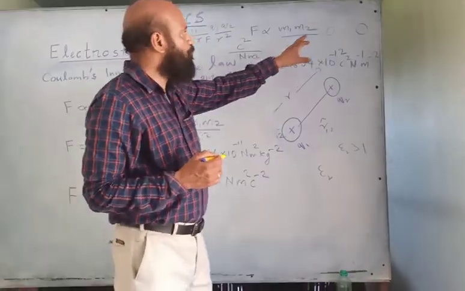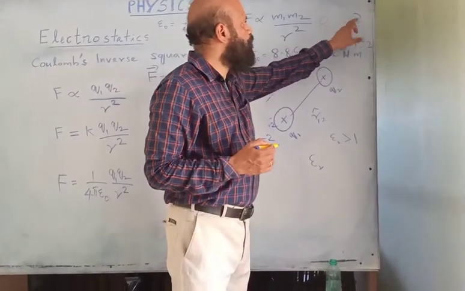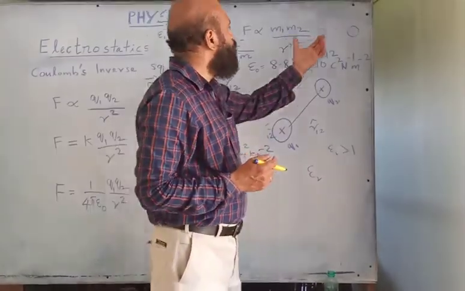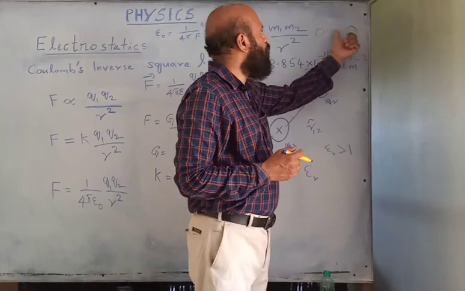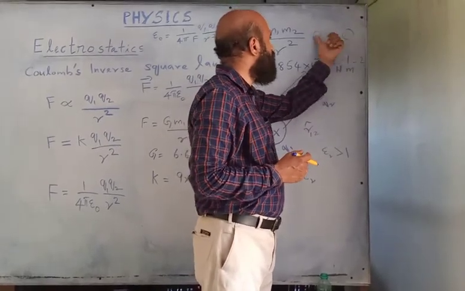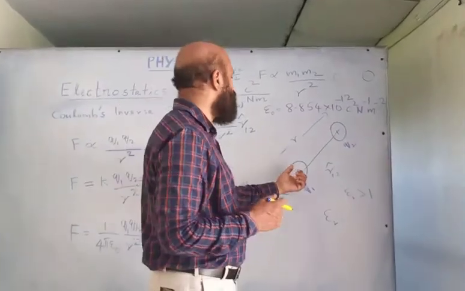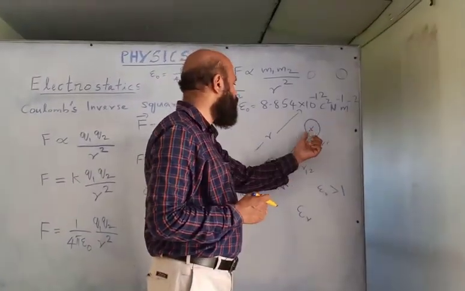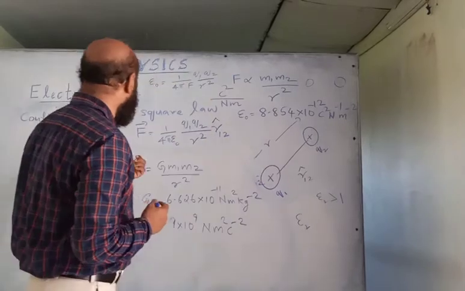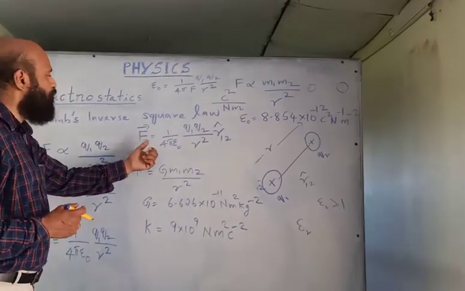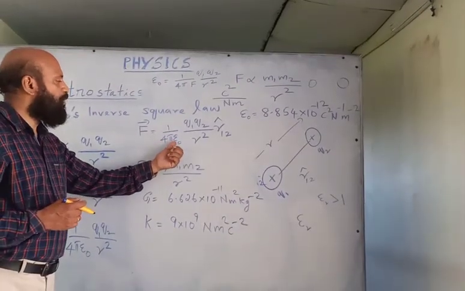Then in the case of gravitational force, the force will not depend on the medium between the masses. But in the case of charges, the force will depend on the medium as per this equation. If it is kept in air, epsilon 0.